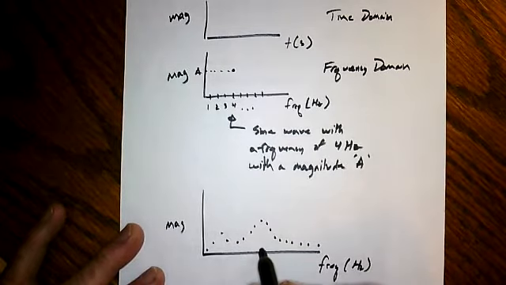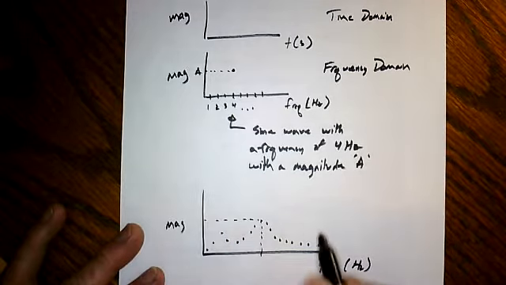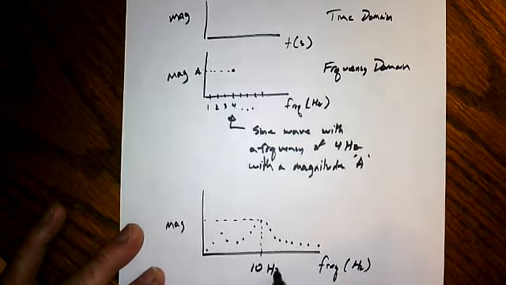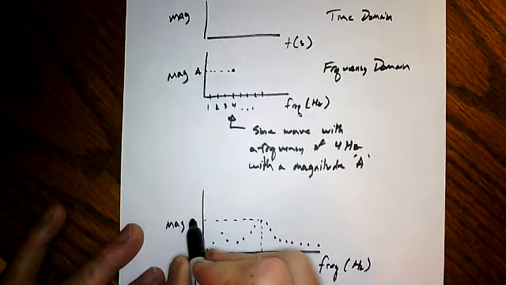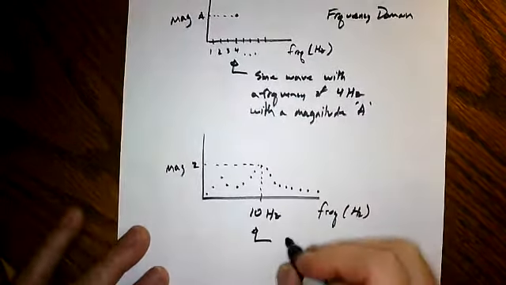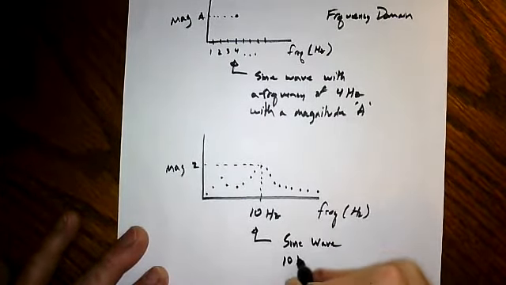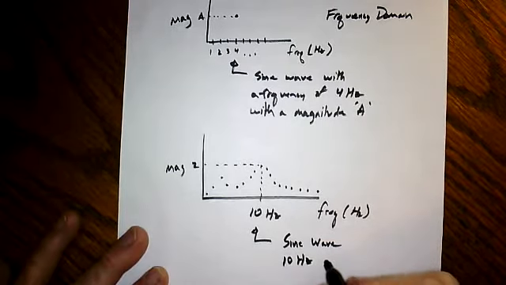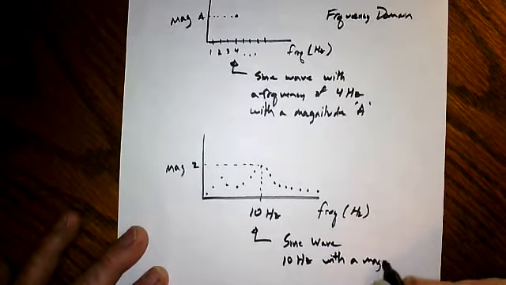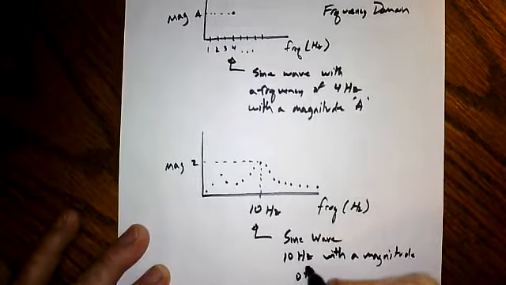So if I look at this sine wave here, it would have this magnitude here. Let's just use this as 10 hertz, and maybe this is a magnitude of 2, it doesn't matter. So this is a sine wave of 10 hertz, 10 cycles per second, with a magnitude of 2.